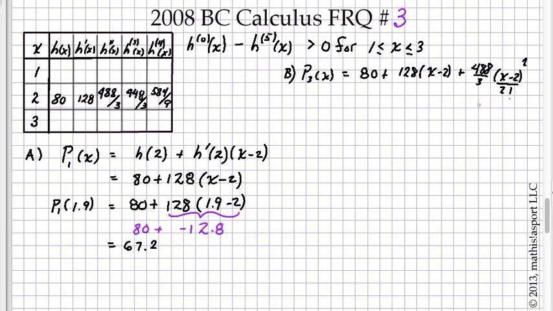And then there's a final term, plus 448 over 3 times x minus 2 cubed over 3 factorial.